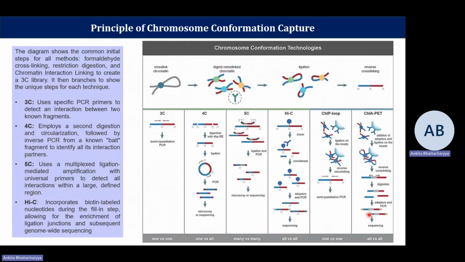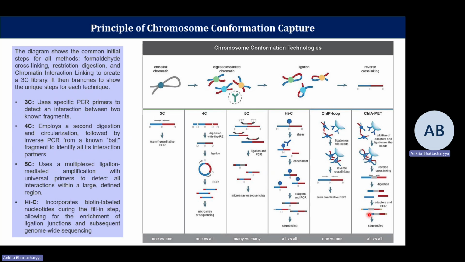3C uses PCR primers, like I mentioned. 4C employs a second digestion step followed by circularization, which is why it's sometimes considered circular 3C, followed by inverse PCR from a known bait fragment so as to identify all its interaction partners.